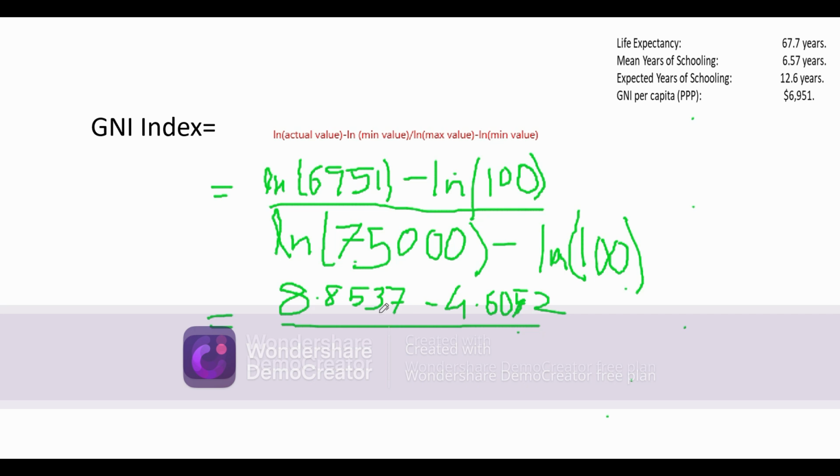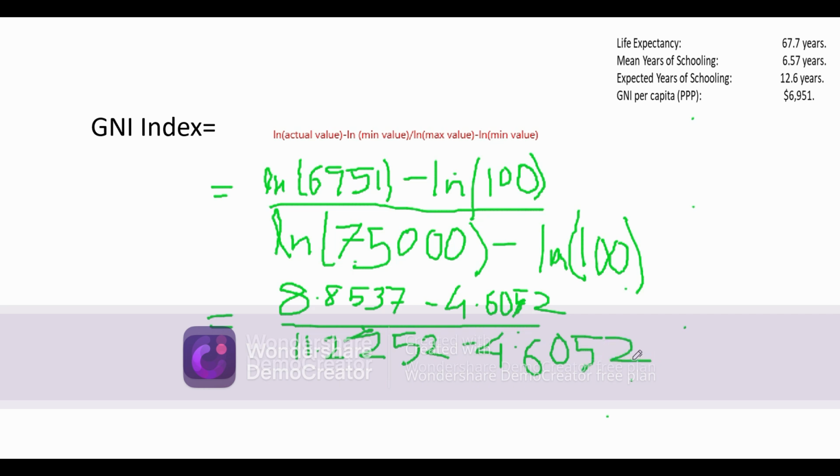What is the log value of 75,000? It is 11.2252 minus log of 100 is 4.6052.